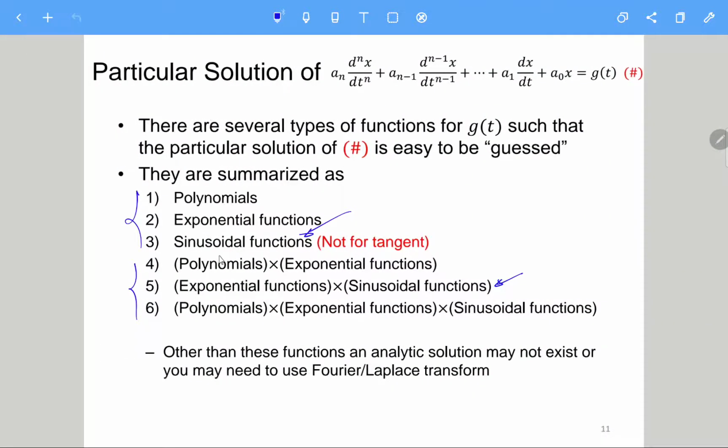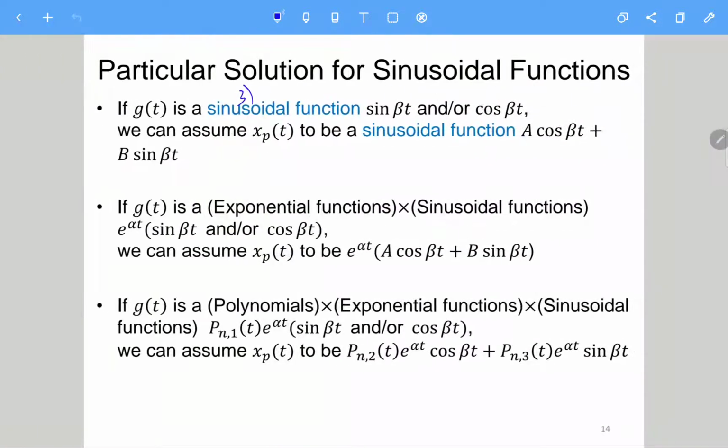For the third case, it is a sinusoidal function, which includes sine or cosine, and then exponential times sinusoidal is the fifth case. This is the fifth case. This is the sixth case. For the sixth case, I don't think it will appear often.